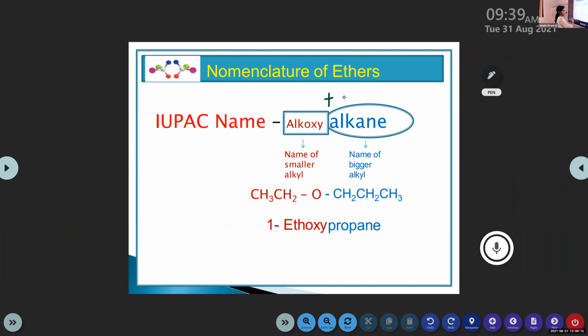So the name of the smaller alkyl we will write first with oxy, alkoxy, then we select the biggest alkyl group as the main chain or parent chain. That's the method of writing the IUPAC name: alkoxy alkane.